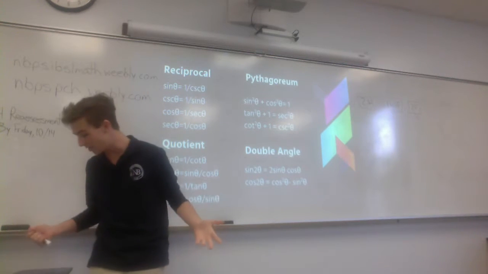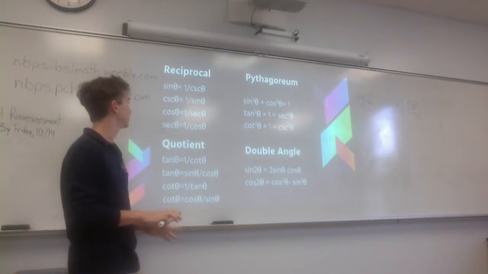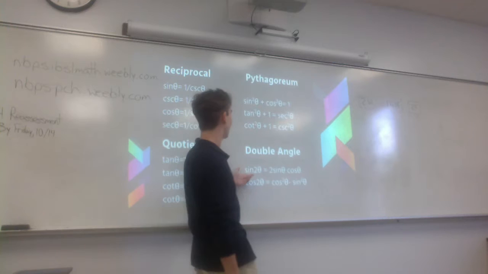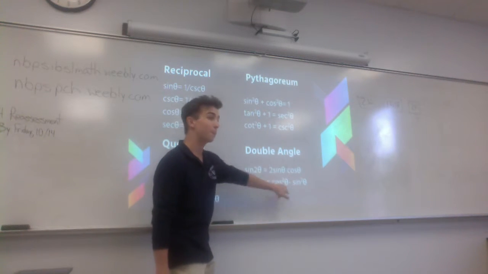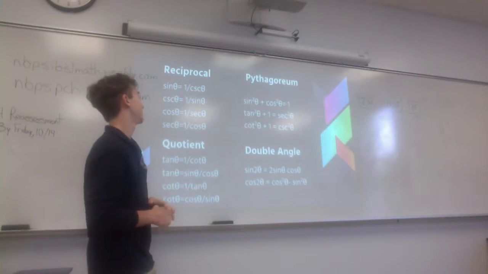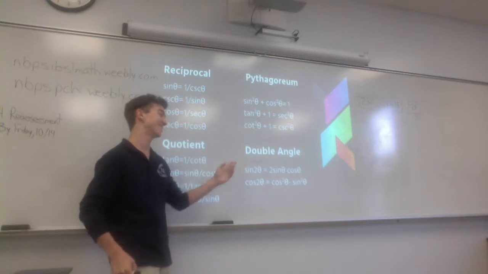And remember, where to start: you want to translate everything to sine and cosine. Keep it simple. The double angle one? Yeah, we've got the double angle formula for sine of 2 theta, which we could just make sine 2x. So we'll have this. Why do we use sine and cosine in it? Because that's the way it works. That's just the double angle.